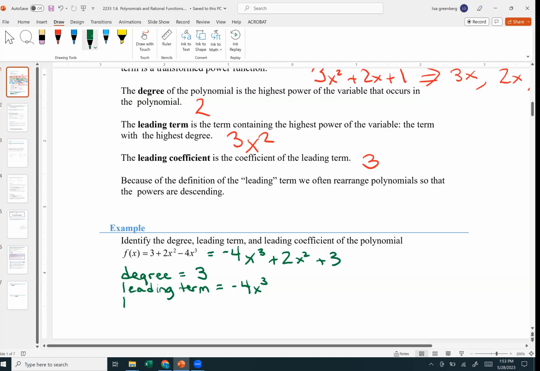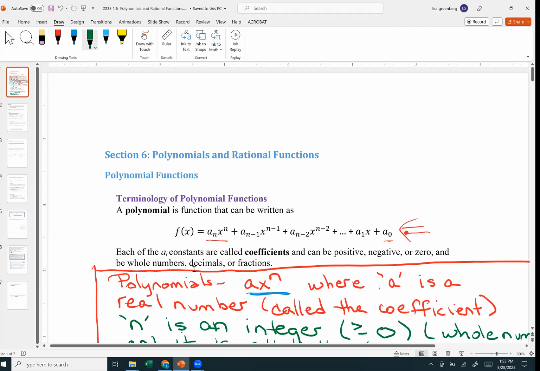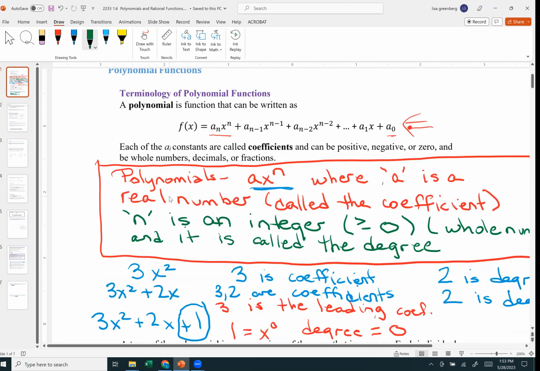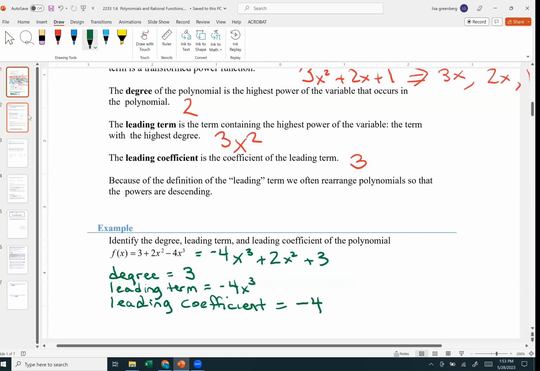And the leading coefficient is equal to -4. Remember, it's the a. A is the real number called the coefficient. And the leading one just means the first one. Okay? So that's really all there is to that.